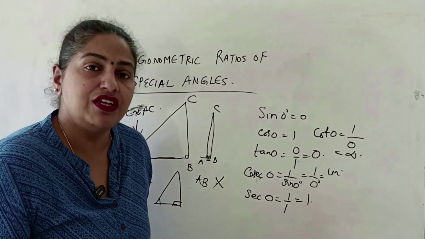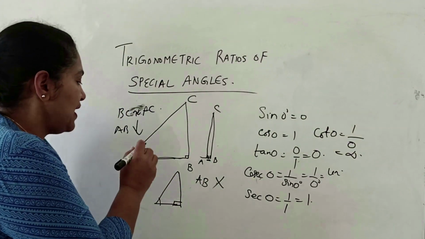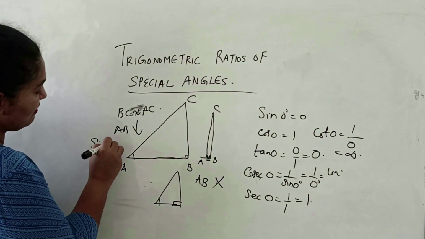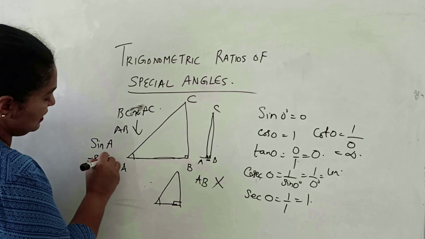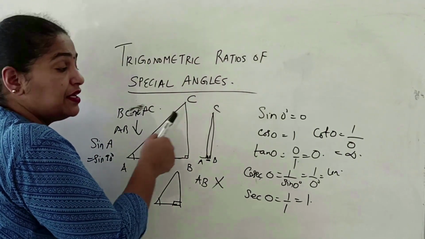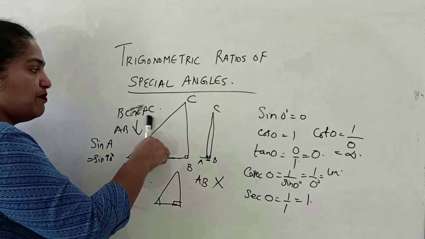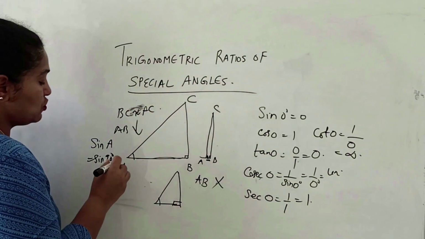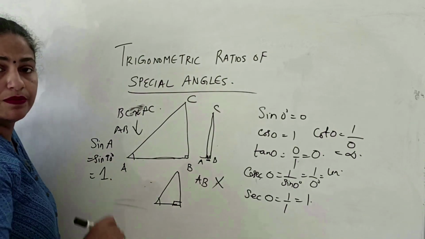Now let us find out the trigonometric values. Sine A becomes sine 90, which is opposite side by hypotenuse. Now the opposite side and the hypotenuse have become almost the same value, so my sine 90 will become 1.